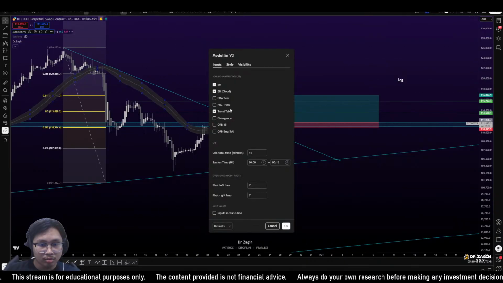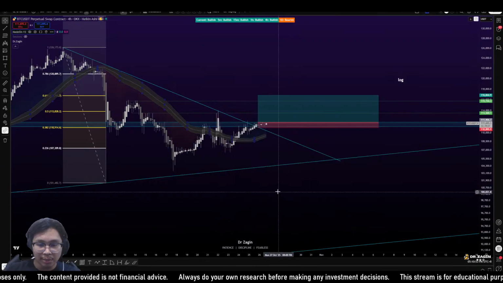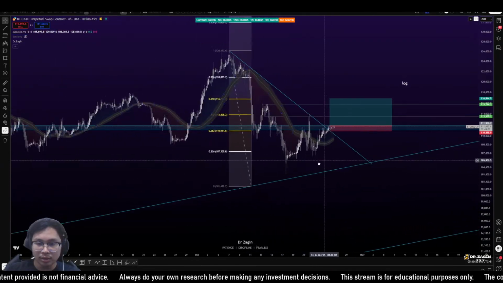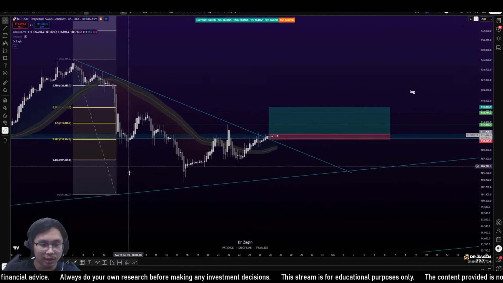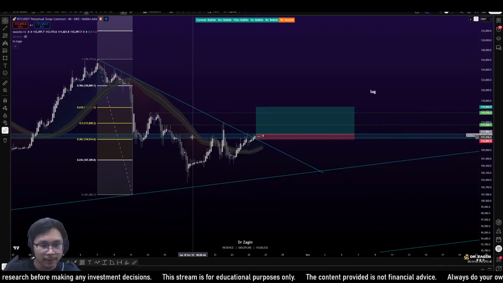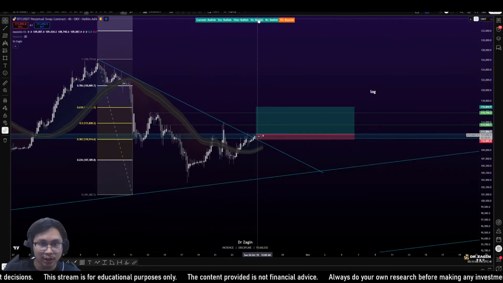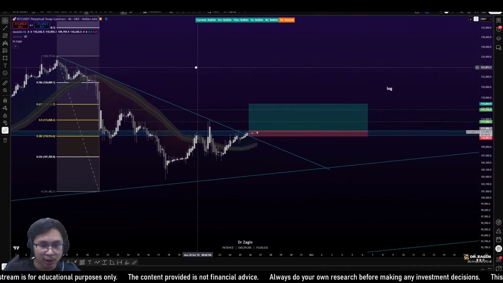By the way, guys, I built this indicator on my own, so you can't get this in TradingView. As you can see, the current trend is bullish.